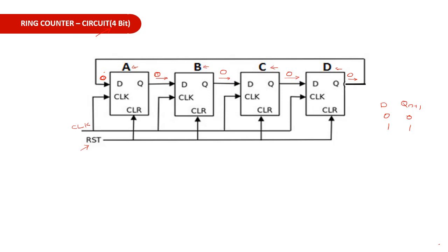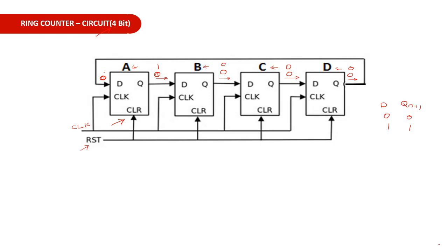Then we will apply the preset signal to the first flip-flop. When you give a low signal to the preset pin of the first flip-flop, your first output will be 1 and all other outputs will be 0. Now if you give the clock pulse, you can see that the input of the first flip-flop is 0, the second flip-flop is 1, the third and fourth again 0.